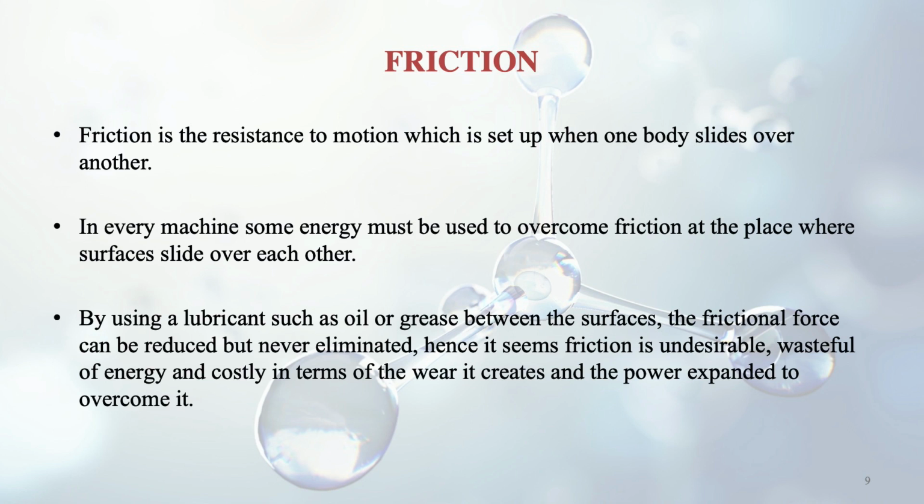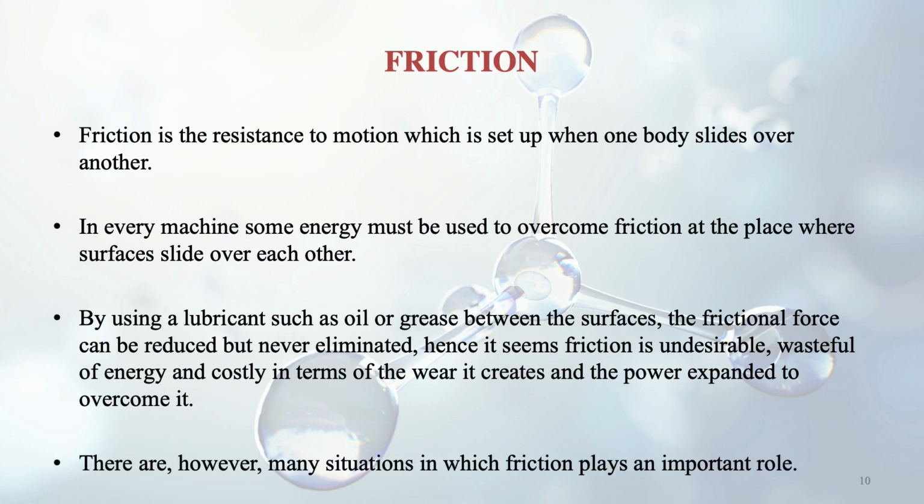But in reality, there are situations in which friction plays a very important role. For example, if you are driving or walking on a slippery surface or on a road after rain, and friction is not there, then you can't stop. You will just go on slipping and it can be dangerous. You can go and collide somewhere.